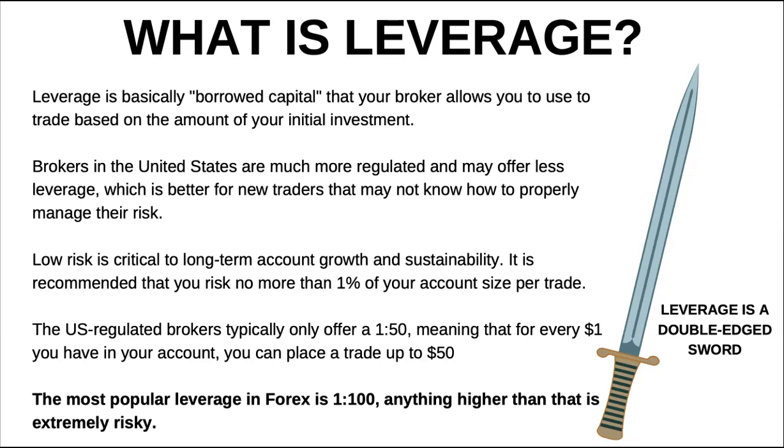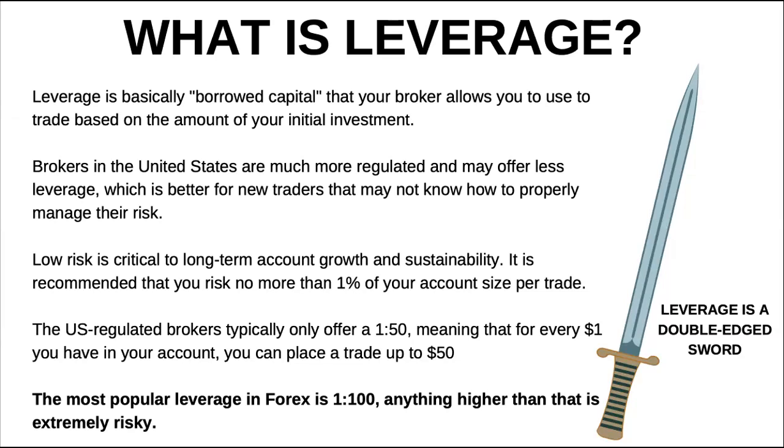So lowering your risk is going to be critical in order for you to be able to sustain your account and grow it and compound it over a long period of time. So it is recommended that you risk no more than 1% of your total account size per trade. And like I said, the US regulated brokers typically only offer a 1 to 50 leverage, which means that for every dollar that is deposited in your account by you, you can place a trade for up to $50.